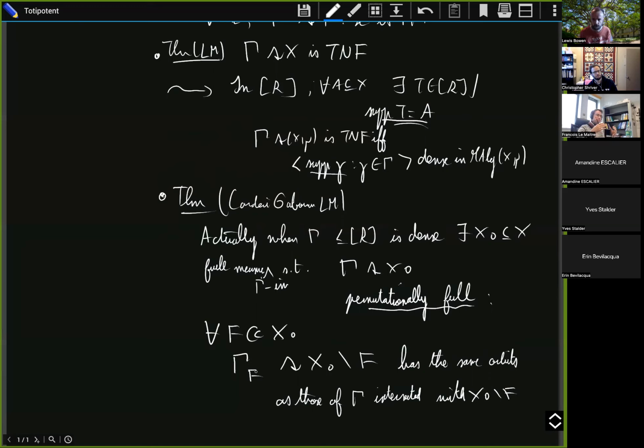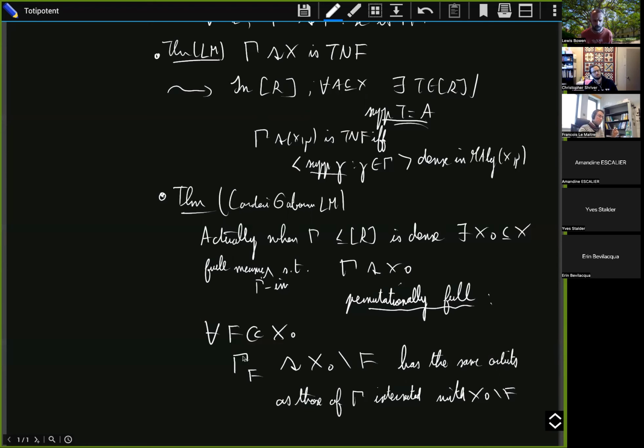But this is much more general, because I'm dealing not only with a single orbit, where I can do whatever I want, but this is telling you you can do whatever you want on any orbit, and you have just one constraint: gamma cannot send points of a gamma orbit outside of a gamma orbit.